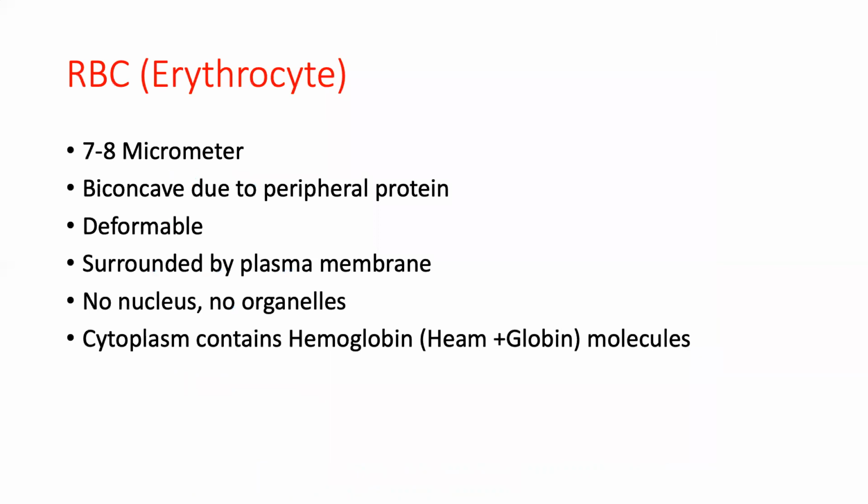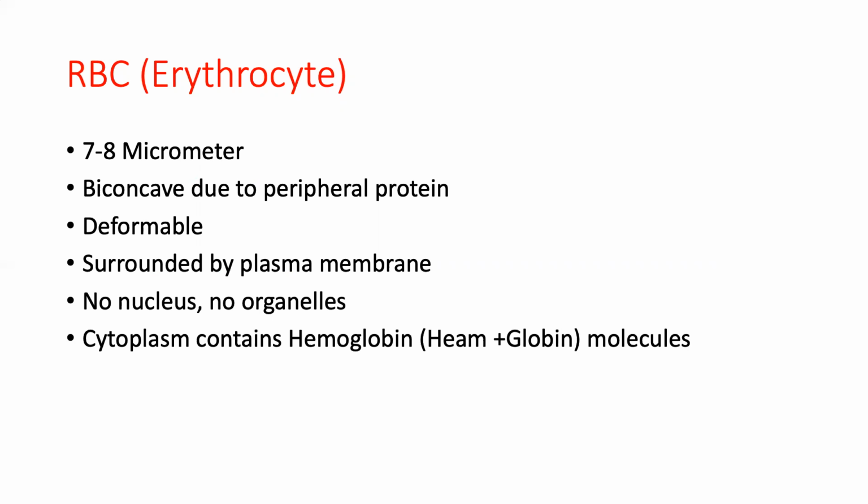So let's talk about RBC, which is also called erythrocytes. They are about 7 to 8 micrometers in diameter. They are biconcave because the peripheral proteins are present in the periphery, and therefore they have a donut ring. They are not stiff, they are deformable.